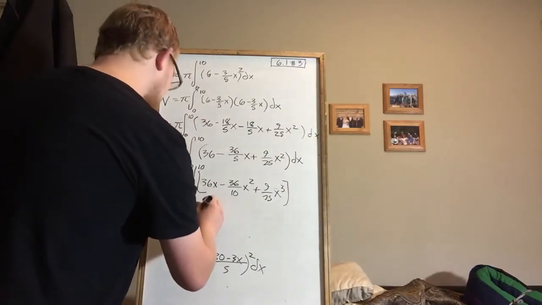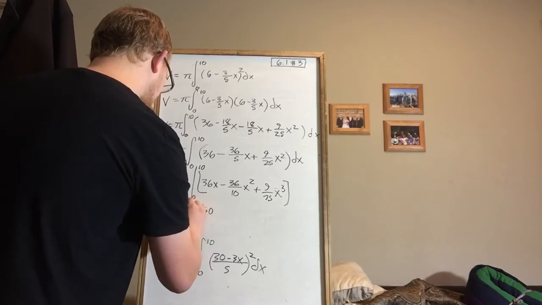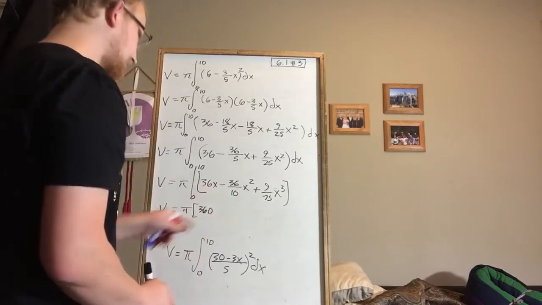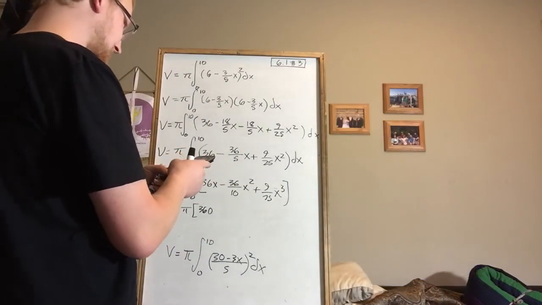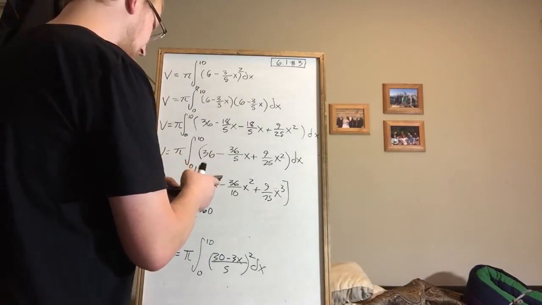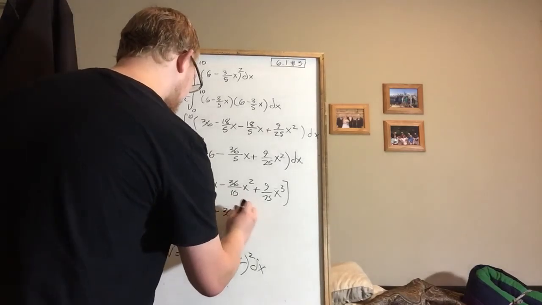So 10 times 36 is 360. 10 squared is 100. 100 times minus 36 divided by 10 is minus 360.